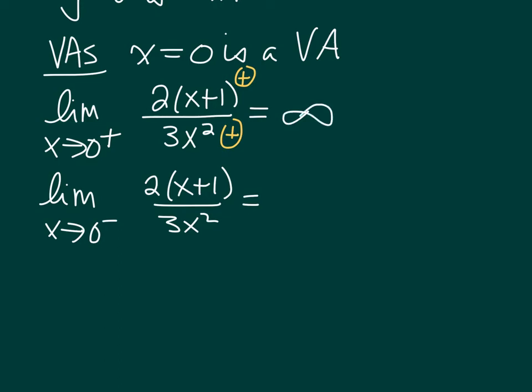For the second limit, the same thing happens. As x tends to 0 from the left, so x is a little bit less than 0, this is going to be positive, but this will also be positive. So even though the x values that I'm considering are negative, I'm squaring them, so that remains positive. So this also tends to positive infinity.